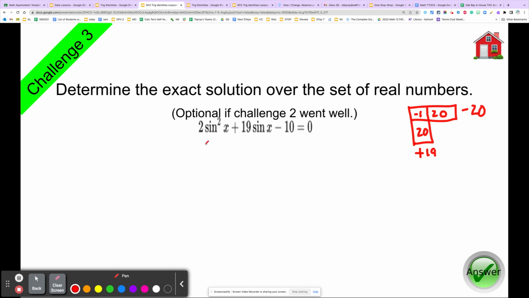Yeah, I'll do decomposition. I don't like the method, but it's what I'm going to do. Okay, so here we go. So I'm going to go 2 sine squared x plus 20 sine x minus sine x minus 10 equals 0.